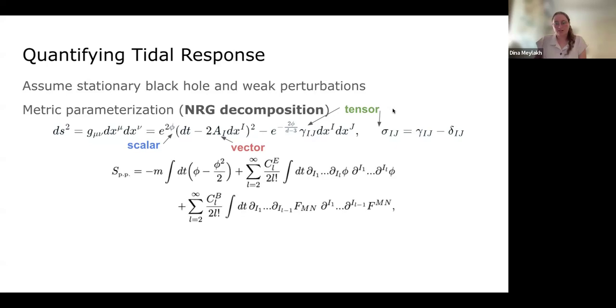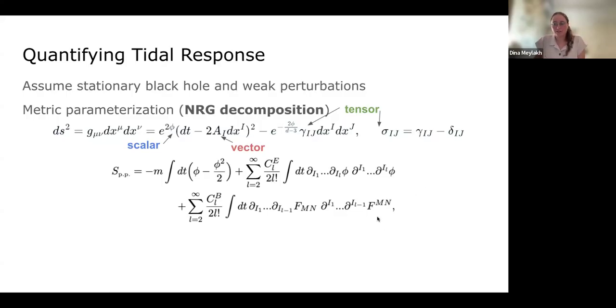And so we can rewrite our point particle action from before with these fields and get the following formula. So we can see now that these terms look just like derivatives of the potentials, and just like the electric field and the magnetic field.